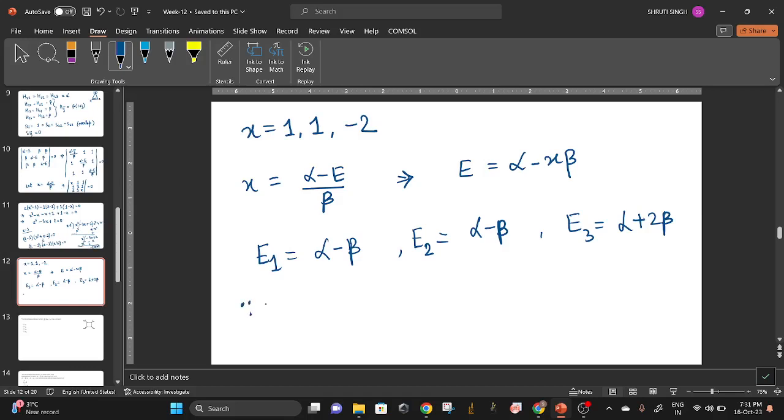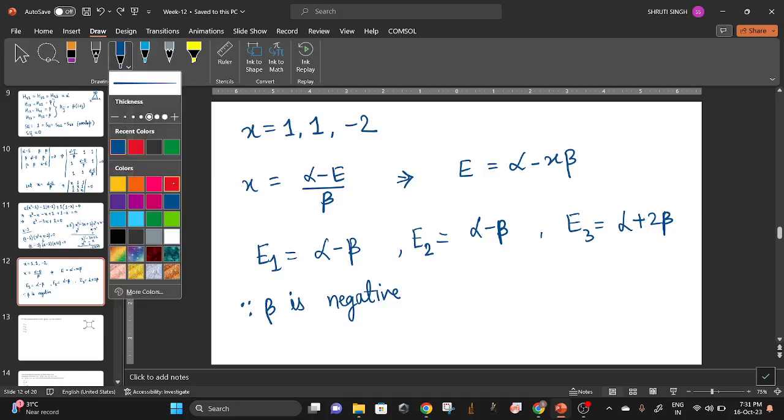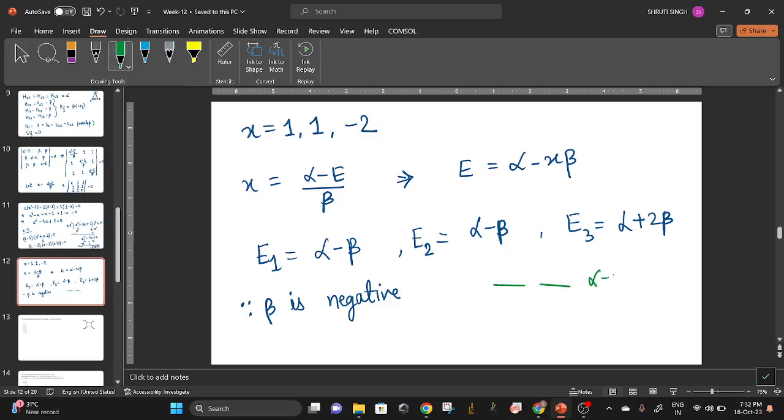Now beta is negative. Since beta is negative, let's take beta something negative. Then this term will be of lowest energy, and these two energies will rise up. So when beta is negative, these two will have same energy, alpha minus beta, and this will have the lowest energy.